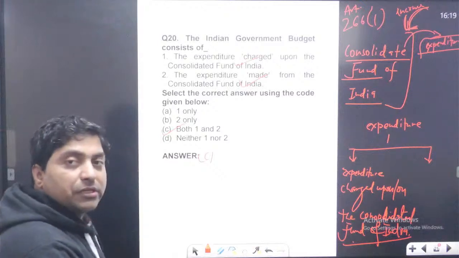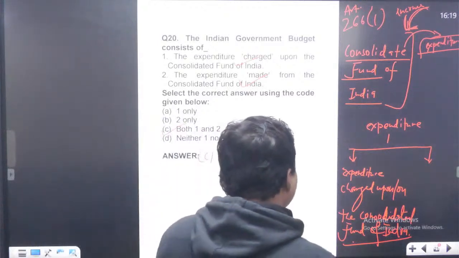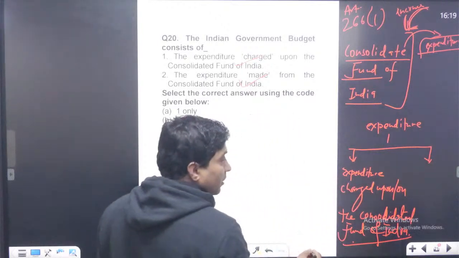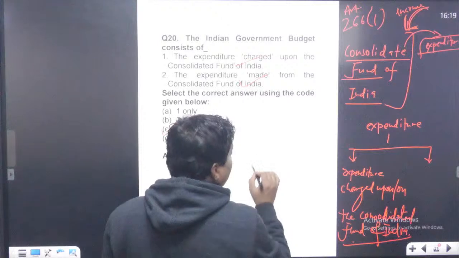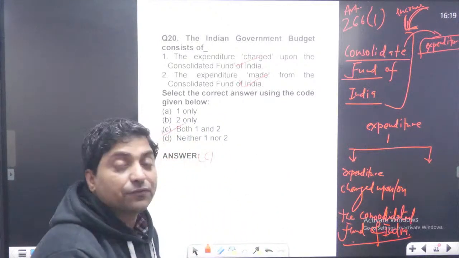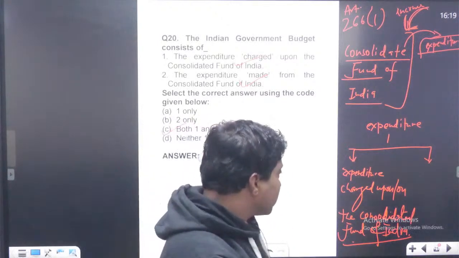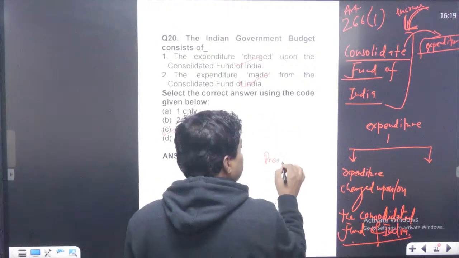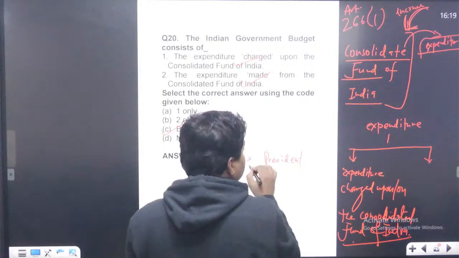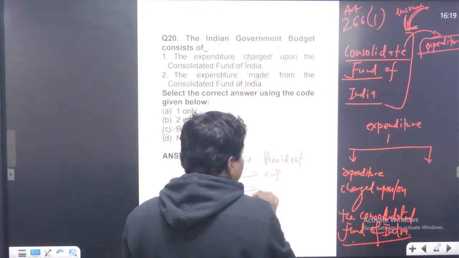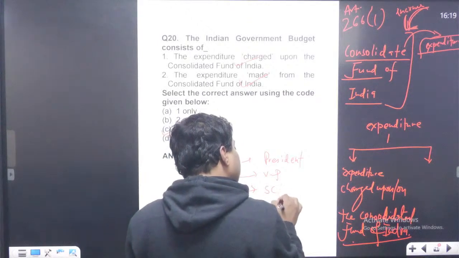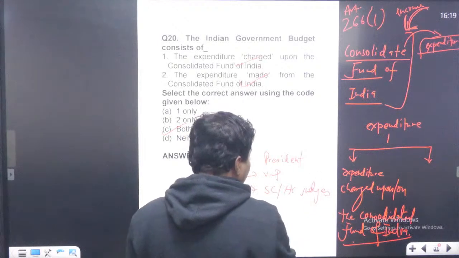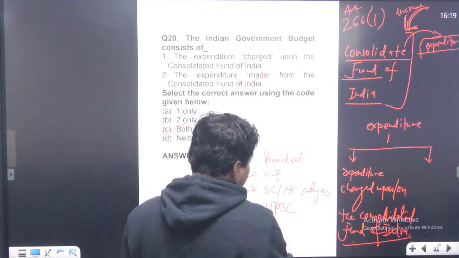Now let me tell you a speciality about this expenditure. All high dignitaries get money from expenditure charged upon, like the President, the Vice President, the Supreme Court and High Court judges, UPSC, CAG.